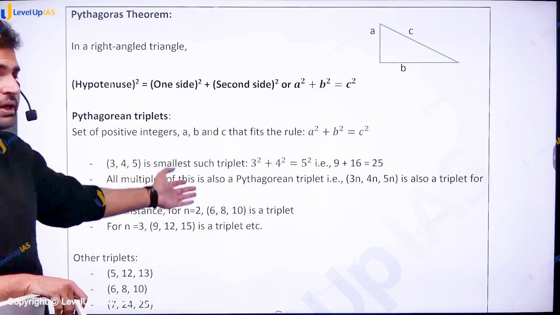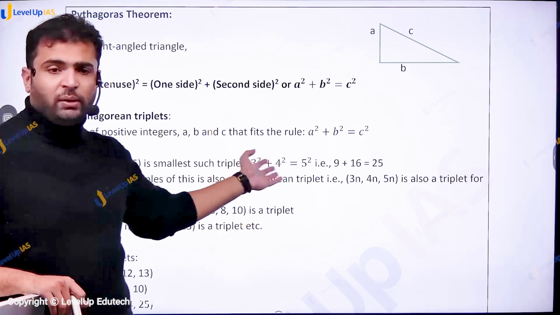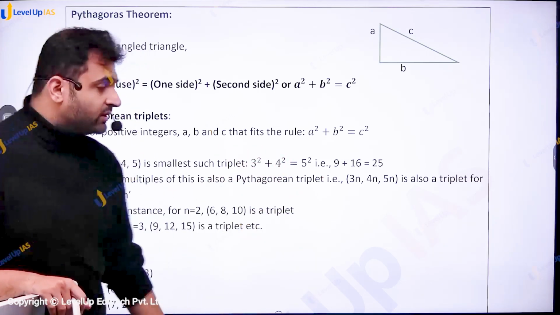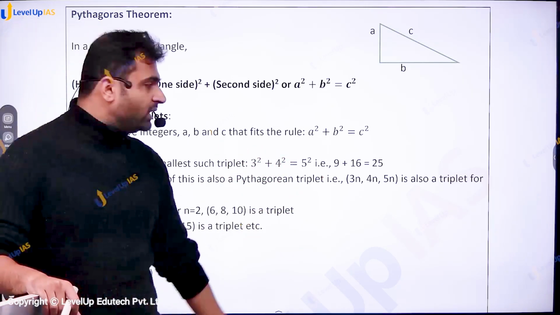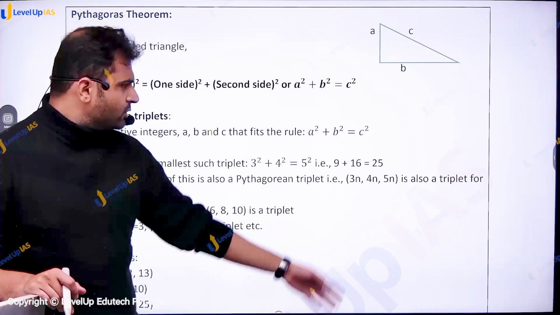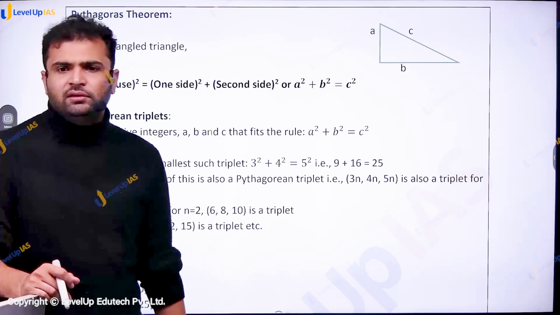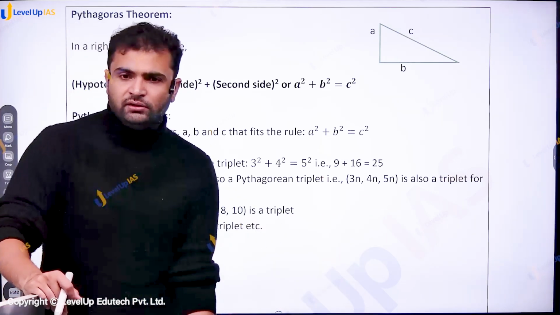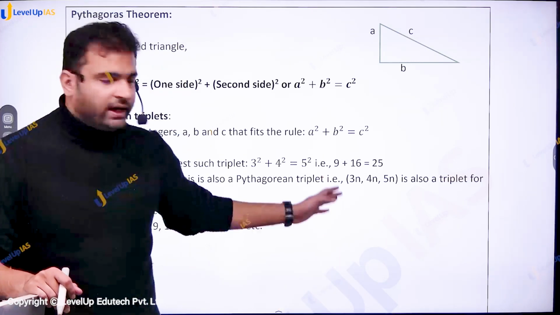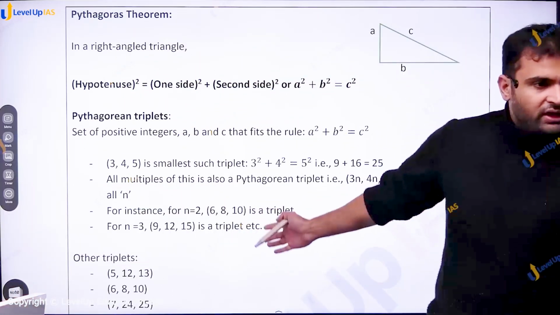If this is a Pythagorean triplet, then all multiples of the Pythagorean triplet are also Pythagorean triplets. So 3, 4, 5 is a Pythagorean triplet. So any 3n, 4n, 5n would be a Pythagorean triplet. So 6, 8, 10 or 9, 12, 15. You multiply this 3, 4, 5 by any number and you will get a new Pythagorean triplet.